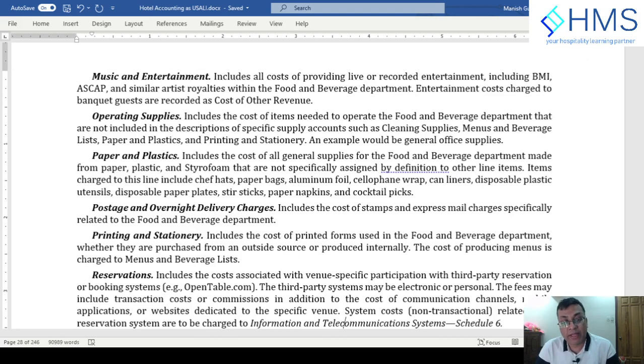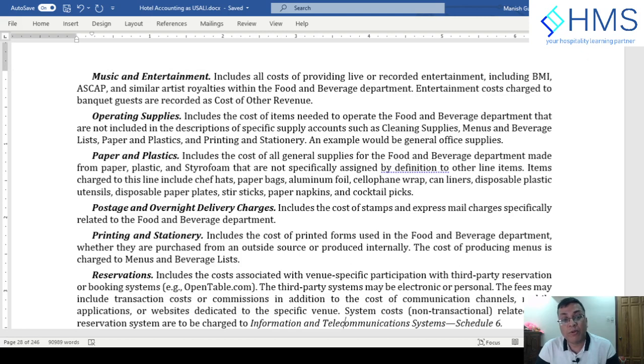Then you have the next line item, postage and overnight delivery. If the F&B is using any postage, cost of stamps or courier, then it will go to this department. Nowadays most hotels have no usage of postage anymore, so that line item is going redundant. Then you have printing and stationery, which is still used.